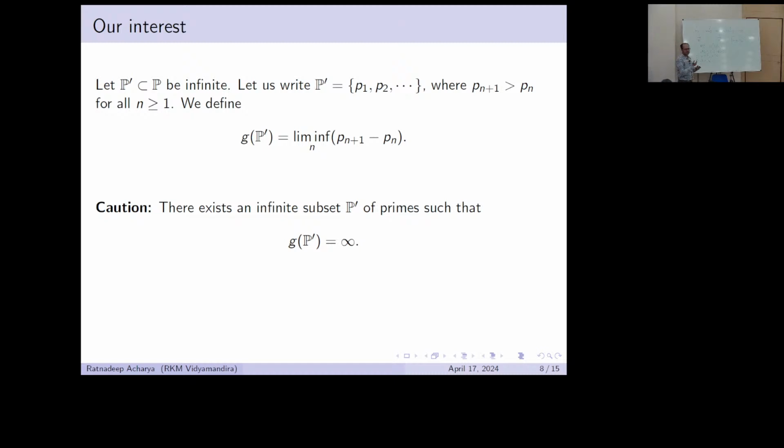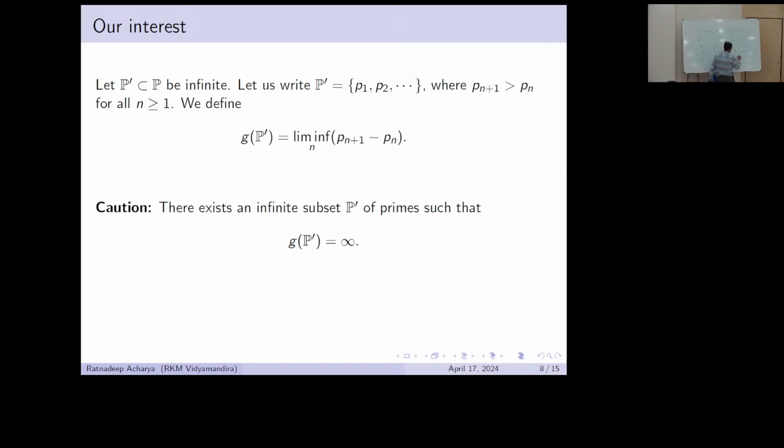It's a very easy exercise. Just take any two primes P1 and P2 such that P1 is less than P2. Now choose P3 such that P3 minus P2 is bigger than P2 minus P1.